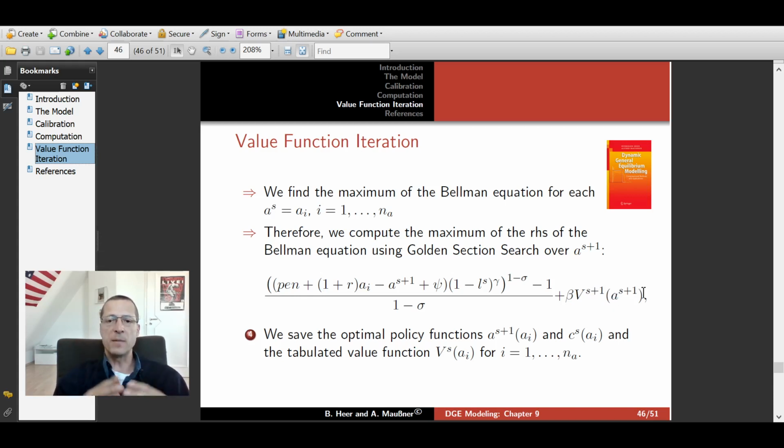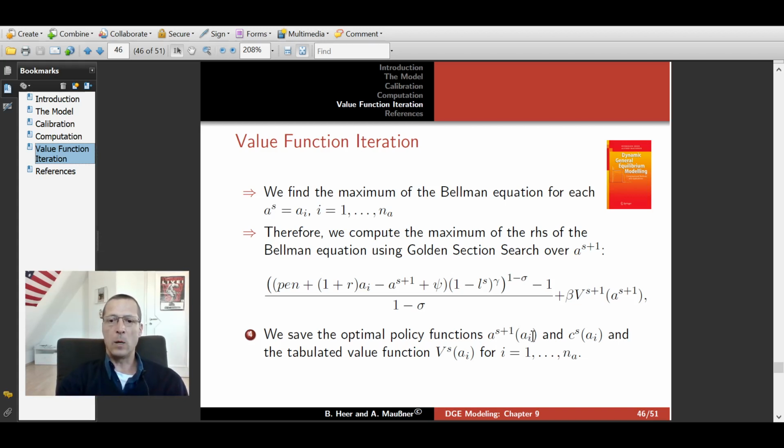So this is an optimization problem in one variable. We use golden section search and find the optimal next period asset A_{s+1} for each grid point A_i, the wealth level at age 59. And we save these solutions as our policy function.